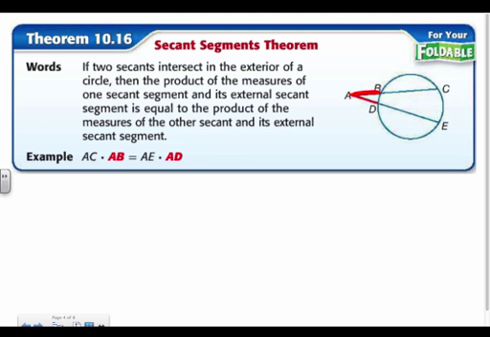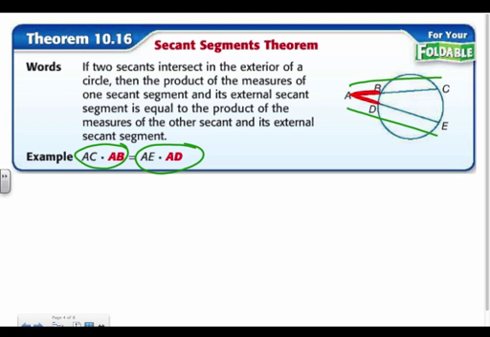So I got AB times AC, the whole thing. And same thing with the other one. We set it equal to AD, the piece on the outside, times the whole thing, which is AE. Okay, so take the piece on the outside times the whole when it intersects on the outside.